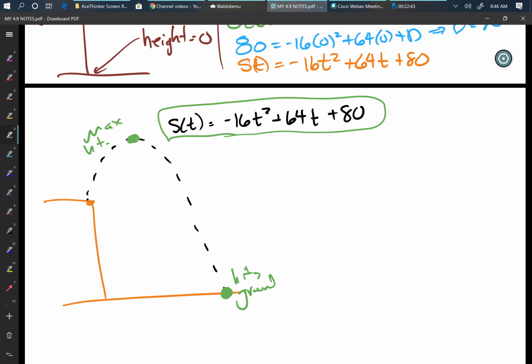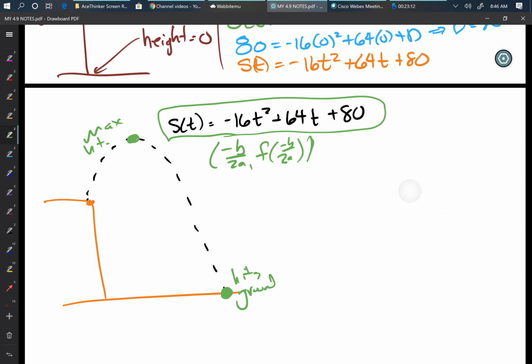And the vertex of a parabola is negative b divided by 2a comma f of, or in this case s of, negative b divided by 2a. If you really want to know, this formula comes from calculus. That's where it was developed. We just stuck it into college algebra and said, here's the result of calculus. But we don't tell you that.